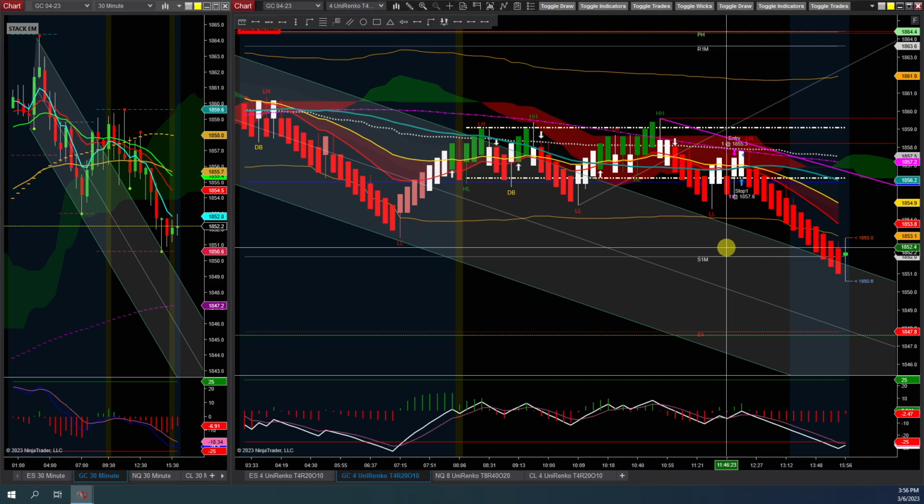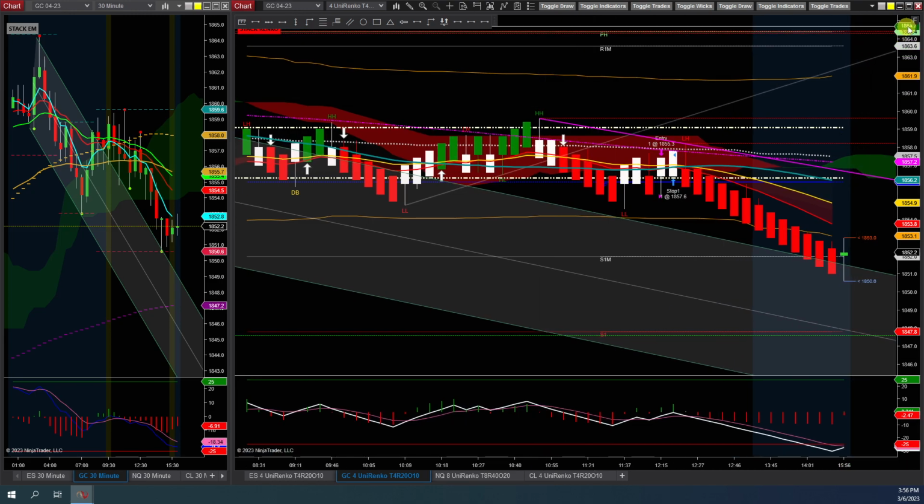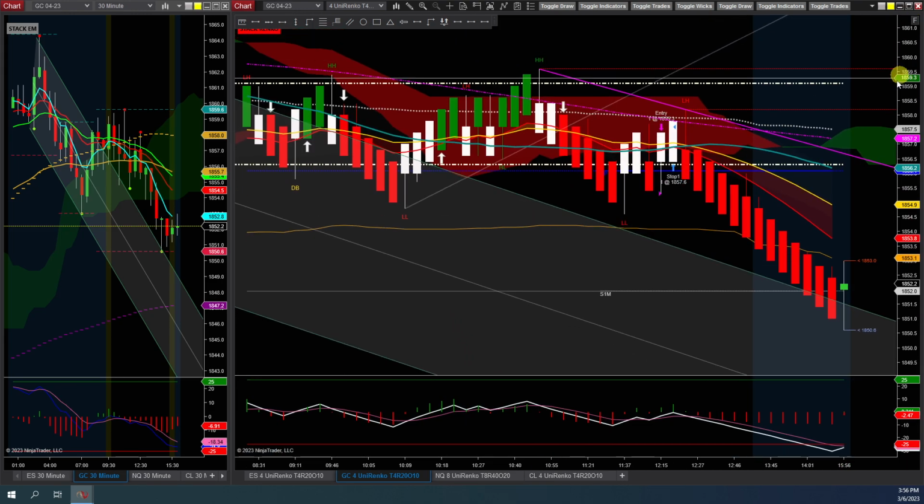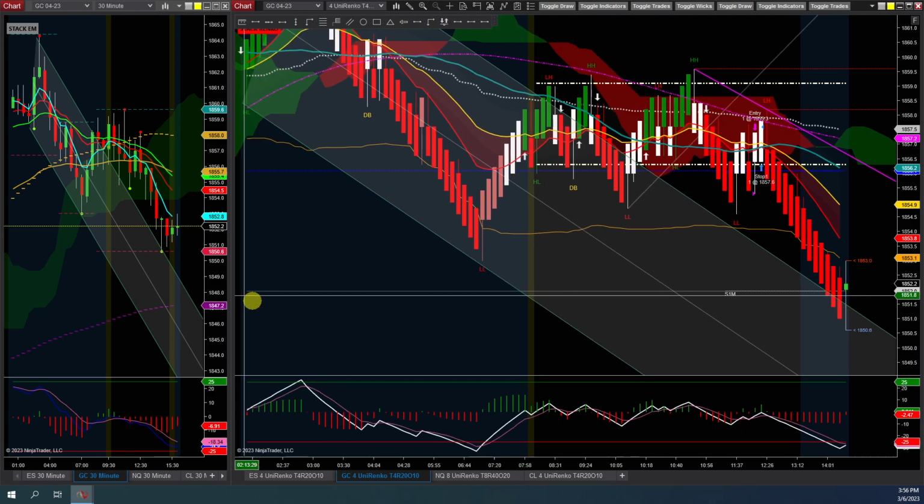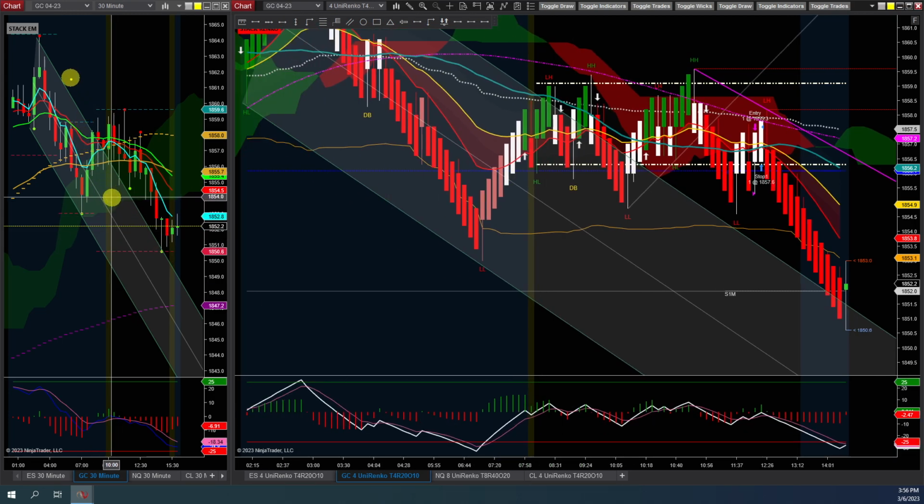This one here was an early entry, and not a good idea when you have a choppy market. Look at this area here. I was expecting gold to come down here because of the overnight price move. So you have a move to the downside right there, and then I was expecting something similar to happen here. But in this area, there was a lot of choppiness, right?